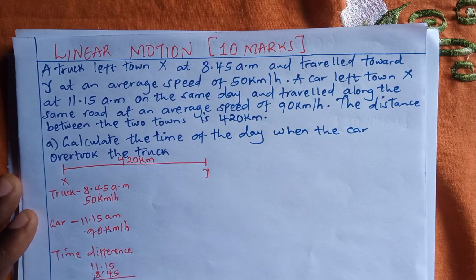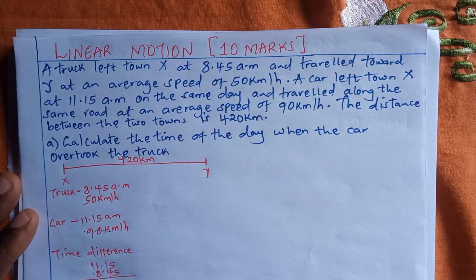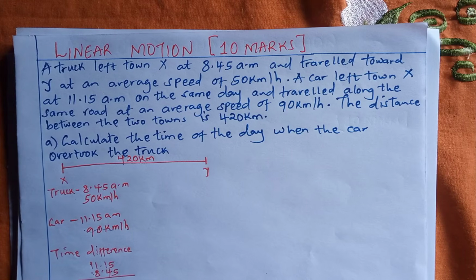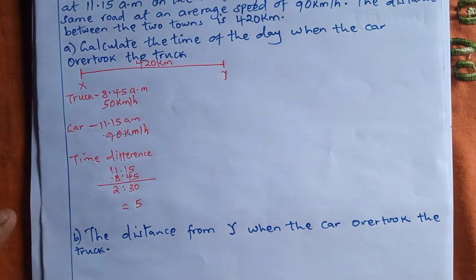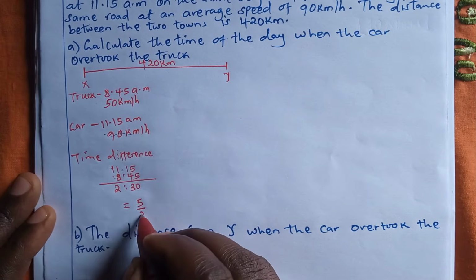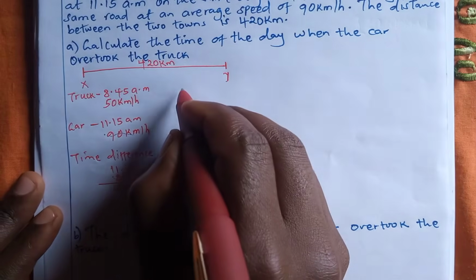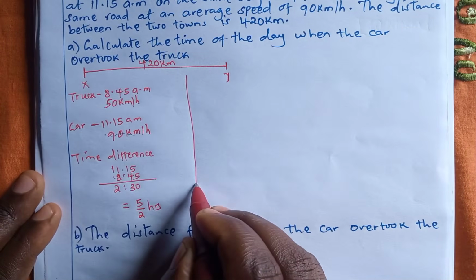If you do the subtraction here, you're going to get 2 hours 30 minutes. This is the same as 5/2 hours.